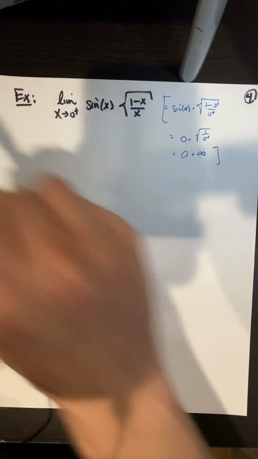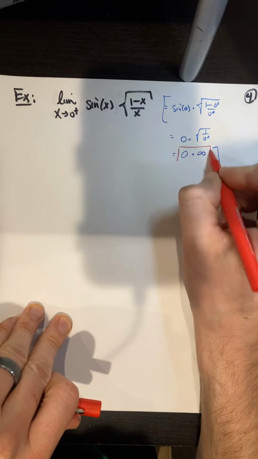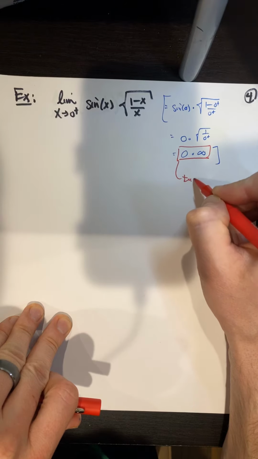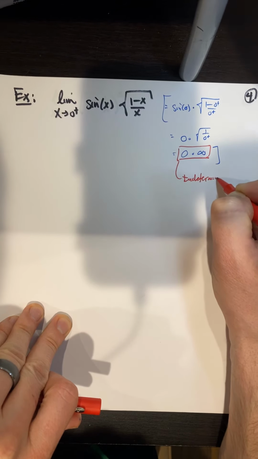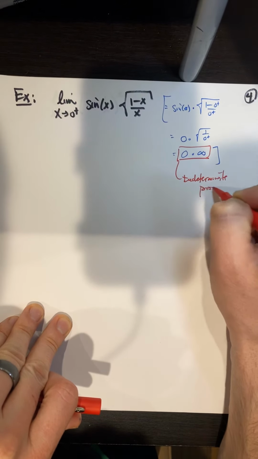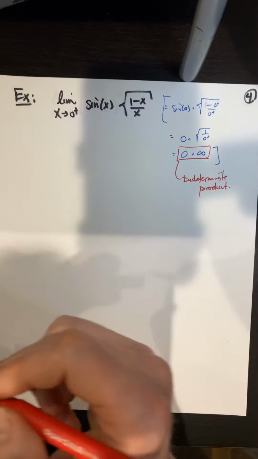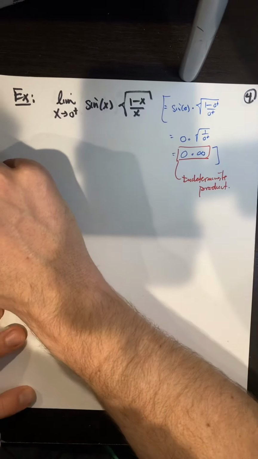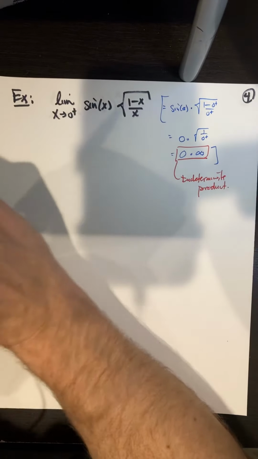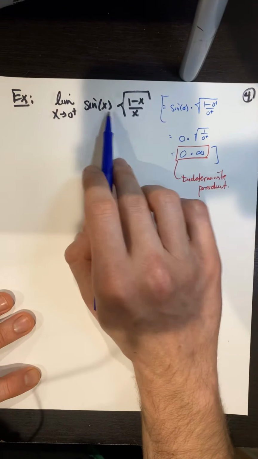So I actually have what's called an indeterminate product here. We can't use L'Hopital's rule directly because I still have a product of two functions.